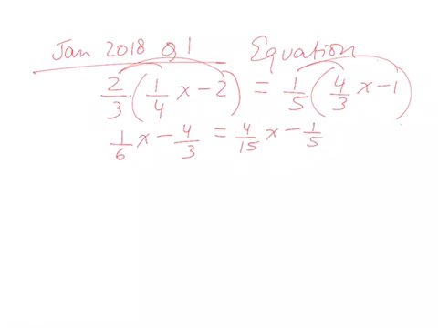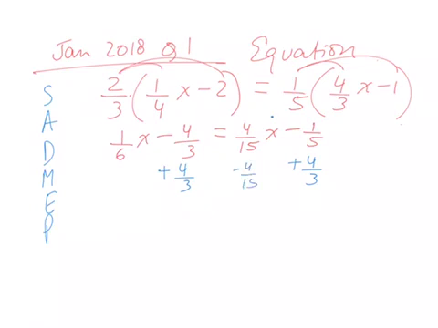And then after this step, I can start getting rid of things using SADMAP, right? So I see a subtraction. Let's add 4/3 on both sides. And then I'm going to get rid of the x on this side, so I'm going to subtract 4/15 x. And you can do multiple things at the same time if you want. It's up to you. You can do it one step at a time, or you can do multiple steps at a time. So this cancels, and this cancels.